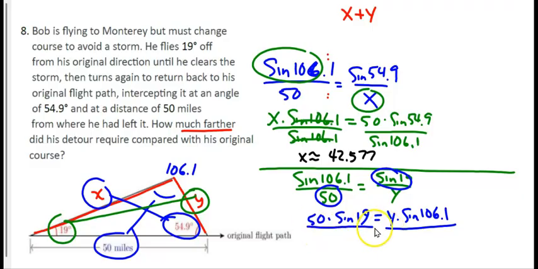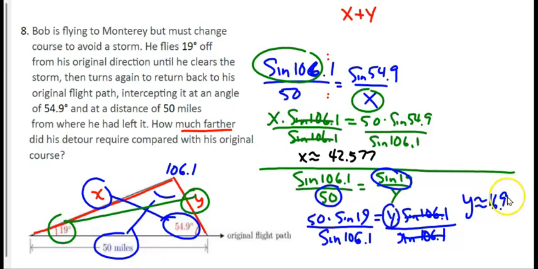Then divide. So y will be approximately equal to 50 times the sine of 19 divided by the sine of 106.1. So 16.943.